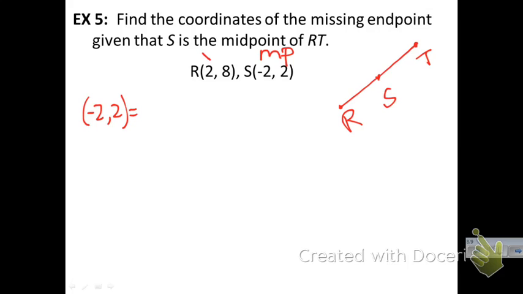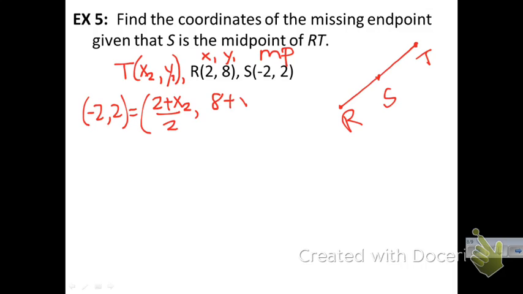If we call R our x1, then T has to be our x2. So 2 plus x2 divided by 2, and then our y1 would be the 8 plus our y2, the y value from T, divided by 2.